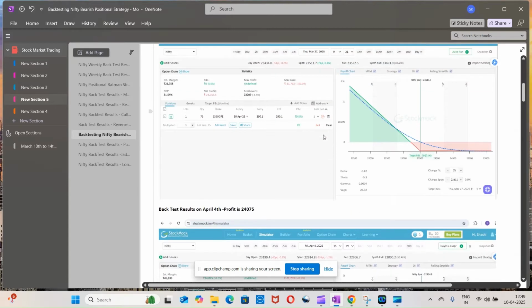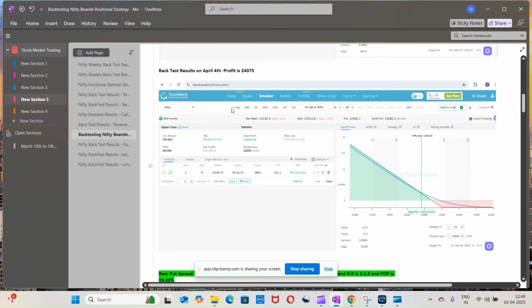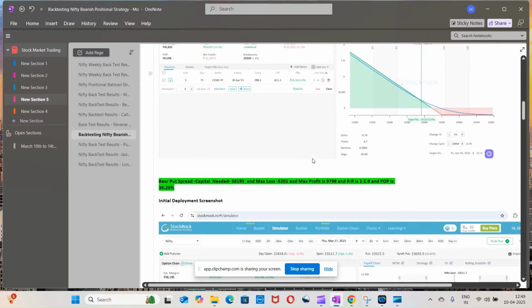The only way you will win this trade is if the market goes in your direction. If it stays the same or goes against you, you'll lose the trade. That's why it is around 30%. In backtesting, till April 4th, it has given 100% returns on a positional trade. We will check this also live, but this is what I have already tested.